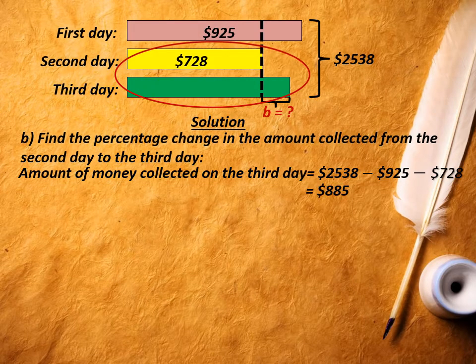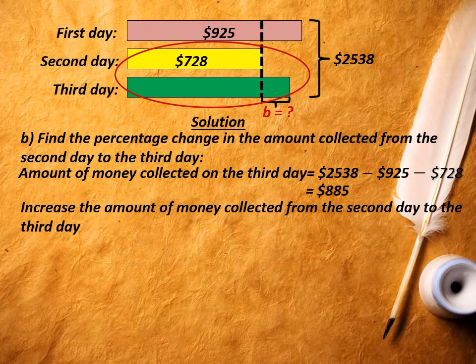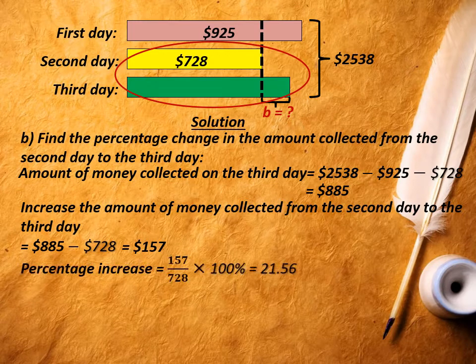You will see $885. And then the increase in the amount of money collected from the second day to the third day, how to find it? Yes, you take $885 minus the money collected on the second day, $728. You will see $157.